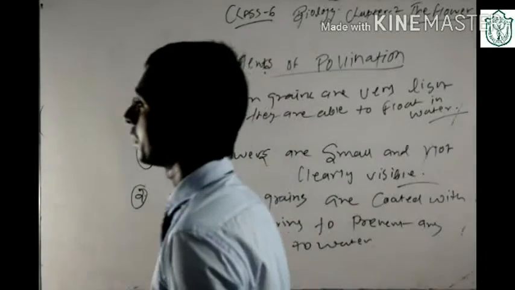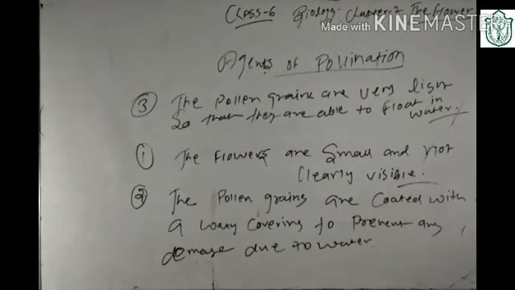These are the three characteristic features of a flower to get pollinated by the help of water.